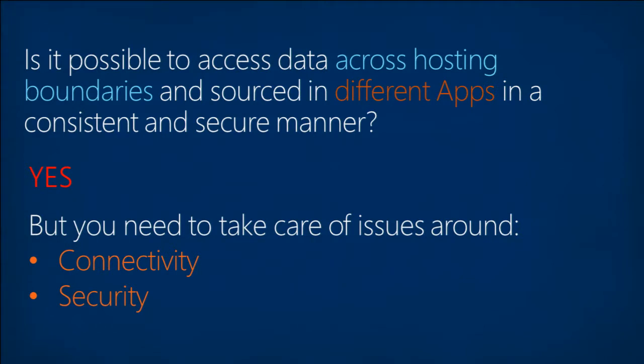And the second one is about security. There's multiple kinds of security issues that come up here. First of all, if SharePoint Online is calling down to your on-premises systems, you first need to verify that the calls are in fact originating from SharePoint Online, because anybody could be spoofing your tenancy in the cloud, and we want to make sure that there's a way that you can say, no, this tenancy in SPO is what I trust, and all of these other guys who are pretending to be SharePoint Online, I want to block those.